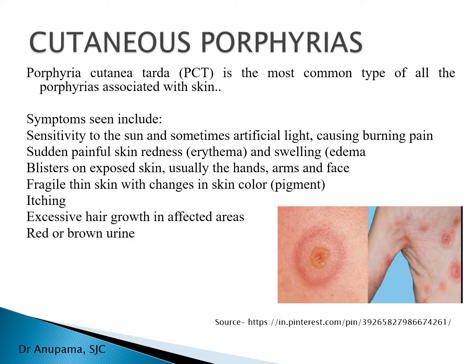Then we have cutaneous porphyrias. Porphyria cutanea tarda, abbreviated as PCT, is the most common type of porphyria associated with the skin.